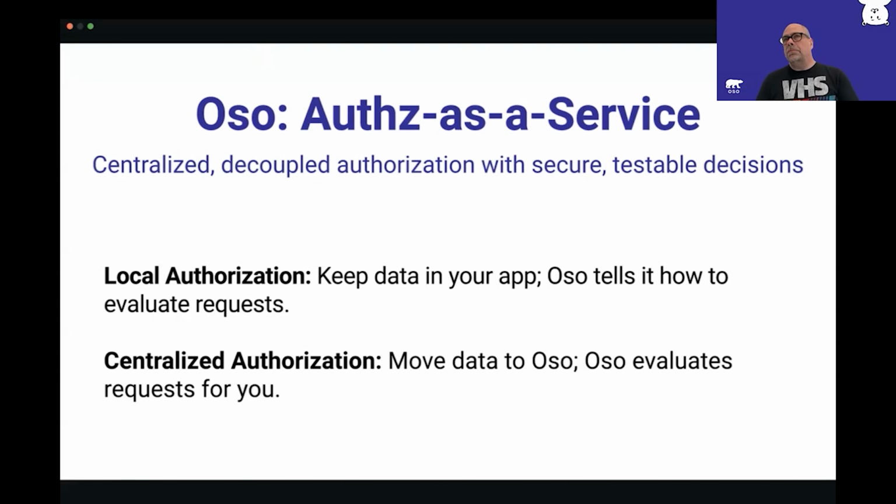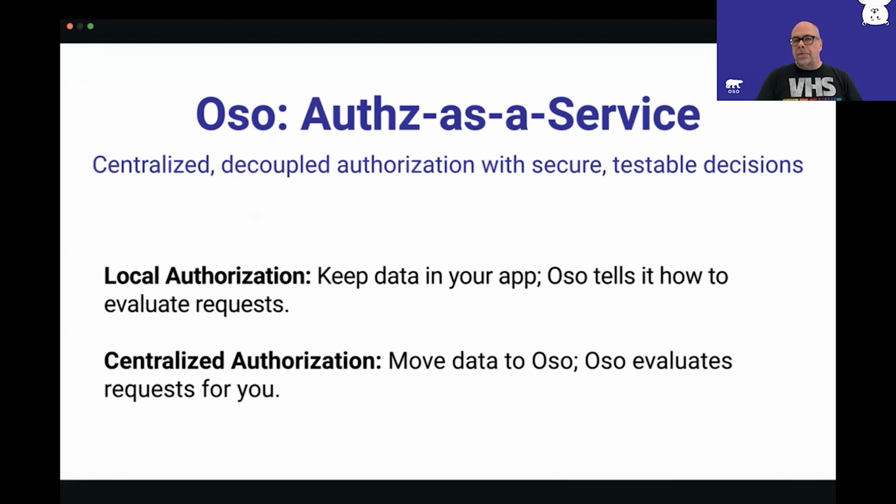We can also store facts within OSO, but we can decouple the data to ensure that we're getting the best performance from our authorization platform. And one of the extremely important things here is that we're going to build a testable policy, so we can ensure that our authorization policy is meeting all of our requirements.